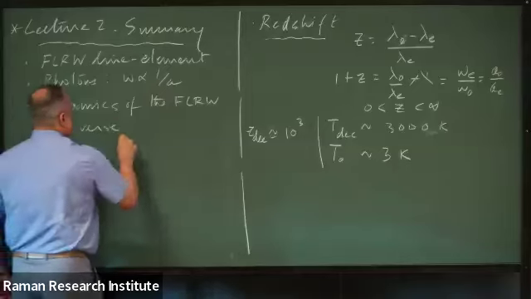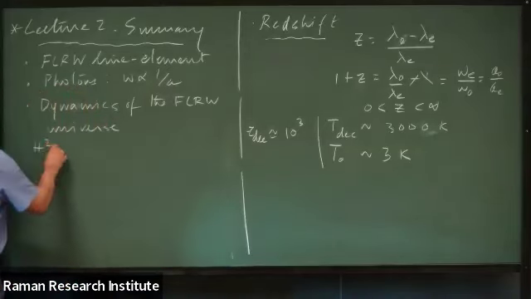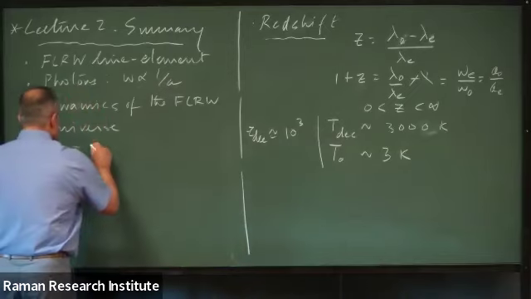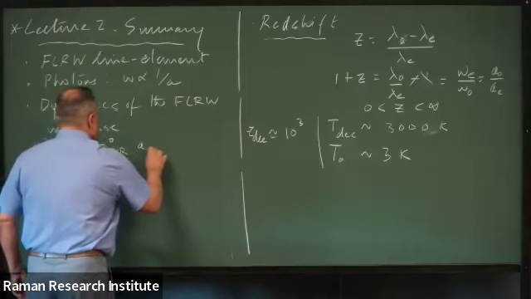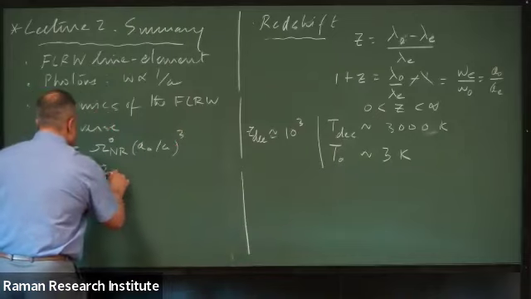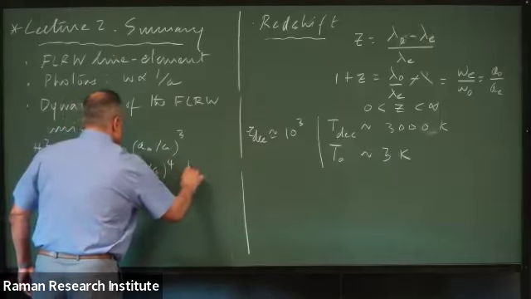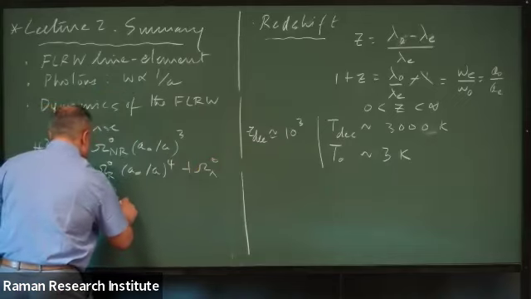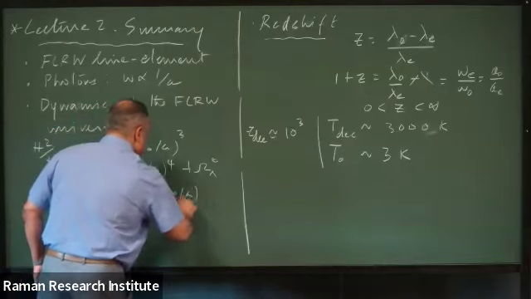And we arrived at, importantly, this equation: H squared by H naught squared equals omega nr naught, A naught by A cubed, plus omega r naught, A naught by A to the power 4, plus omega lambda naught, minus, if I recall right, omega naught minus 1, A naught by A whole squared.